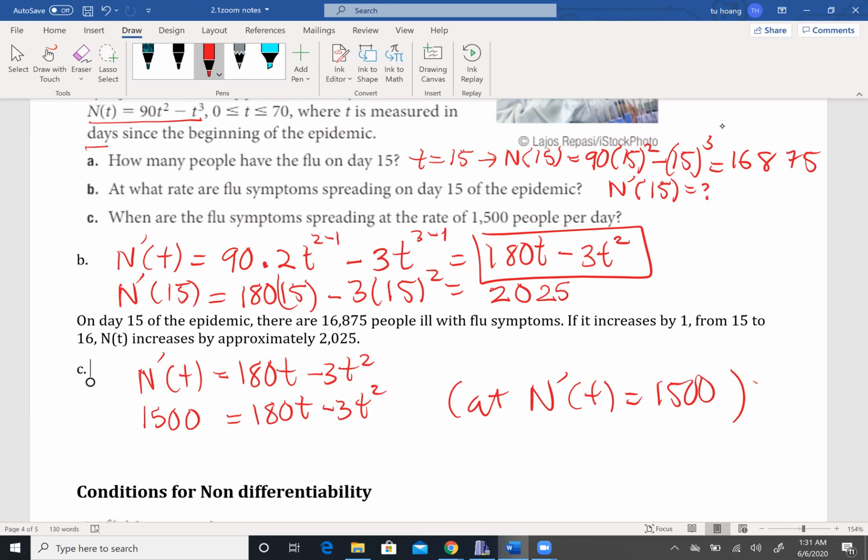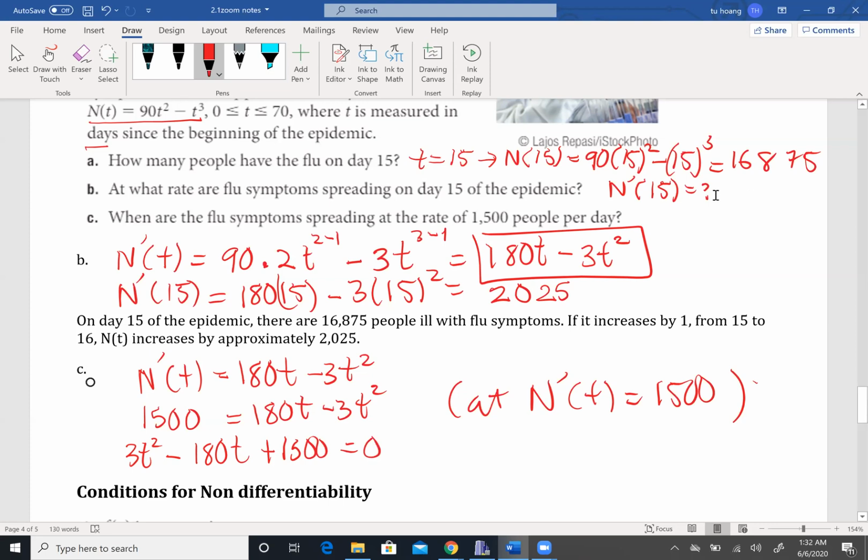So in here, it looks like I'm having a quadratic equation. Let's try to convert it to quadratic form. So I move both sides by 3t squared and minus 180t. So I have 3t squared minus 180t plus 1,500 equal to 0.